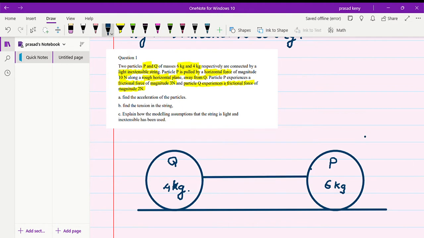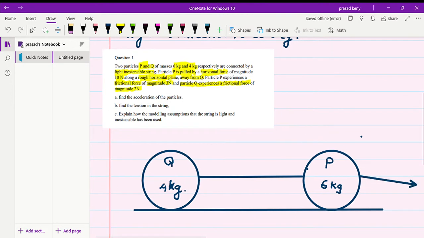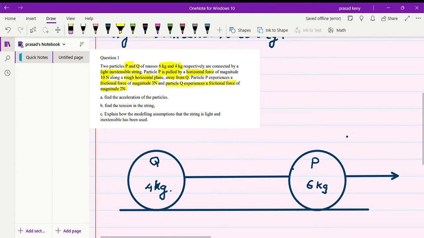Now particle P is applied a force of 10 Newton and it is pushed away from Q. So this is a force of 10 Newton here. And the particles are on the rough plane.